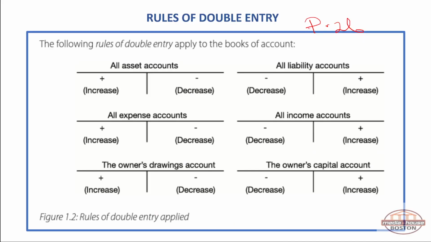On the assets, it says that all the asset accounts will increase on the left side, which is the debit side, and decrease on the credit side. All liabilities will increase on the credit side and decrease on the debit side. And all expense accounts will increase on the debit side but decrease on the credit side.